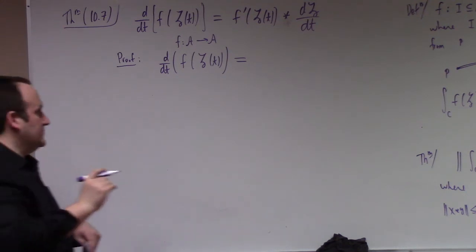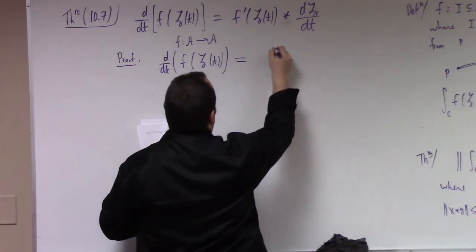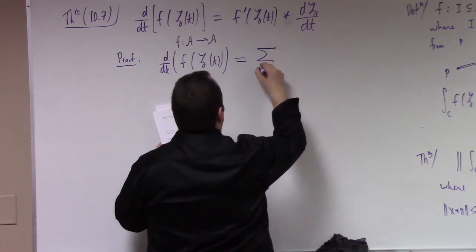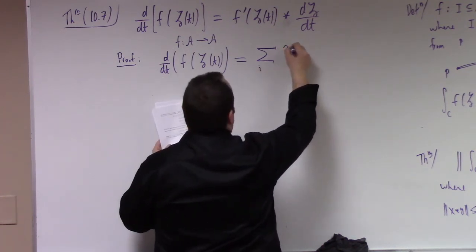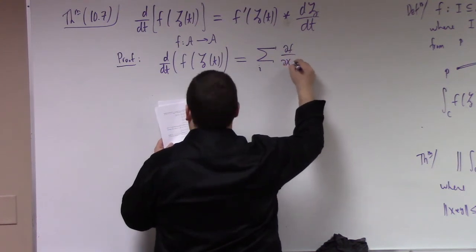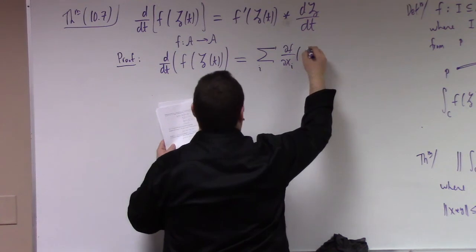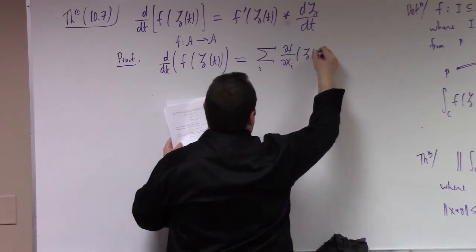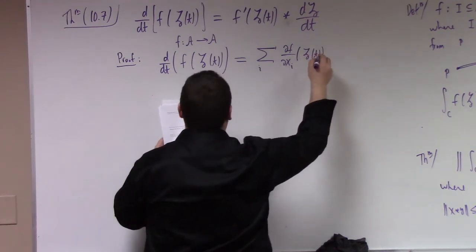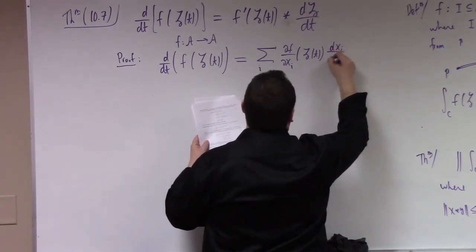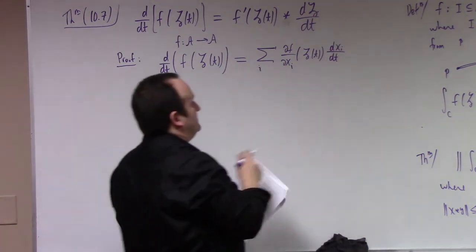The plain old chain rule says, well, it's not entirely plain. It's the advanced calculus chain rule, if you will: the sum over i equals 1 to n of partial f, partial xi. Now, if A was actually equal to Rn, then this would be straight up Calculus 3, written in a different notation. But I'm not saying that A has to be Rn today, so let's be a little more open-minded.